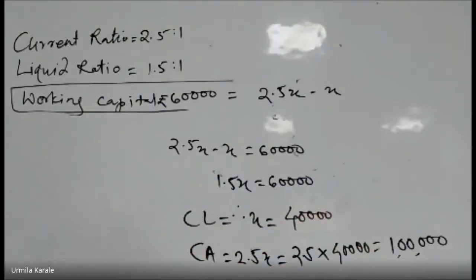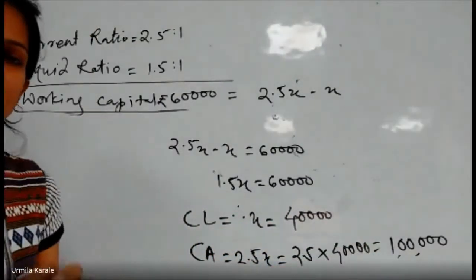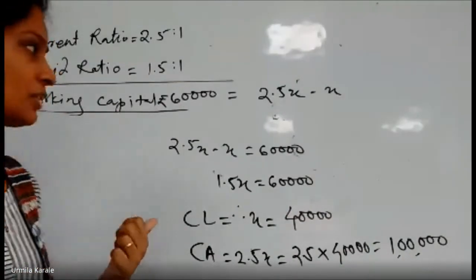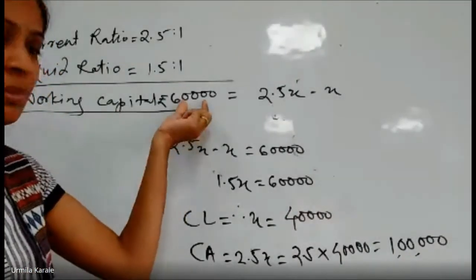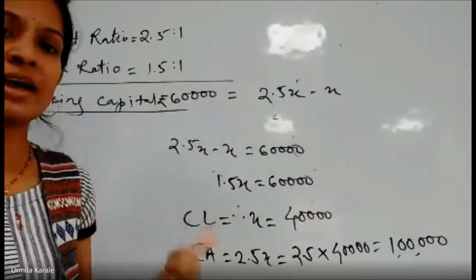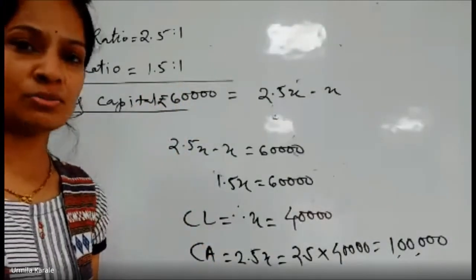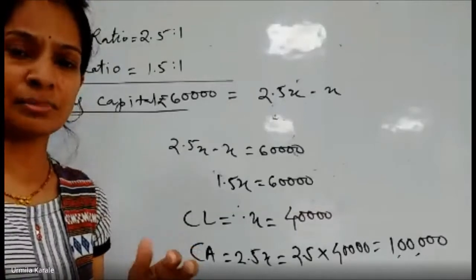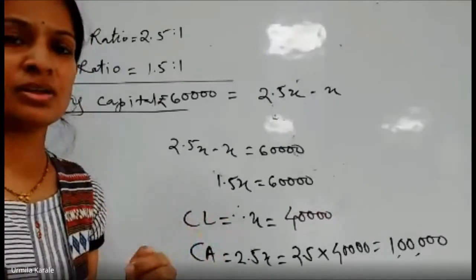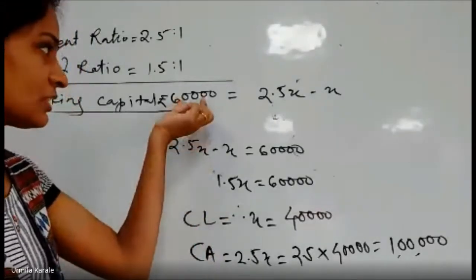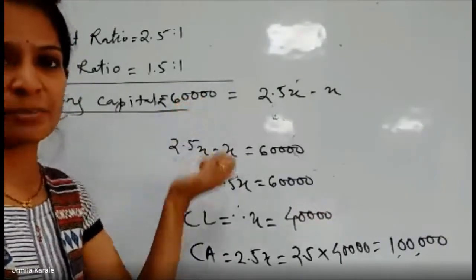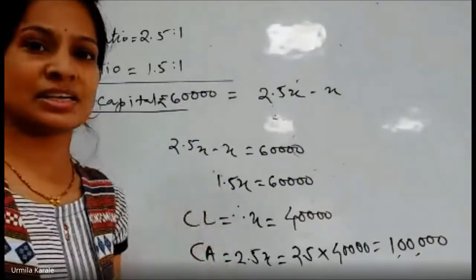Okay, just try and understand what we have done. When we have this kind of a sum, we are concentrating on what amounts we have. You have bank overdraft and working capital. Now, bank overdraft cannot be used because that is not main information to the sum. So, working capital we have concentrated on. We know working capital means current assets less current liability.